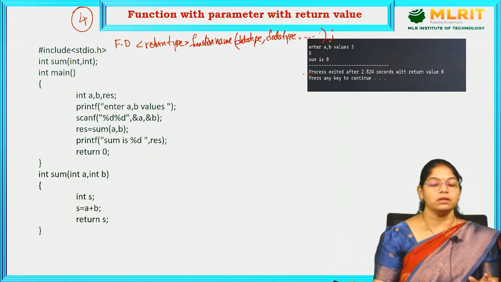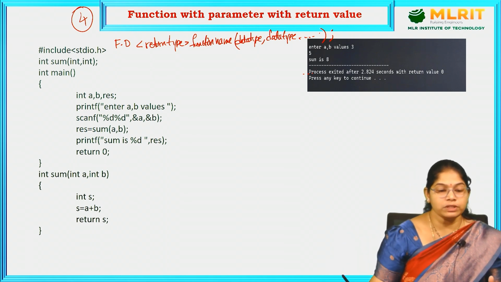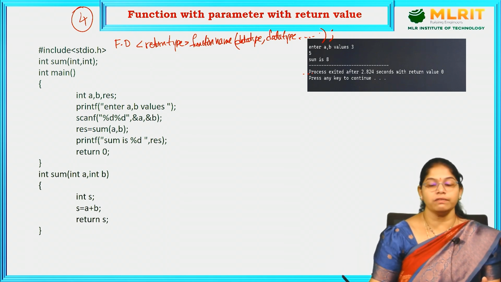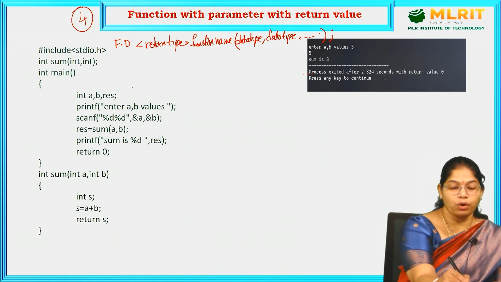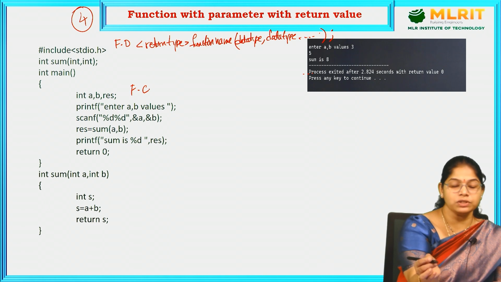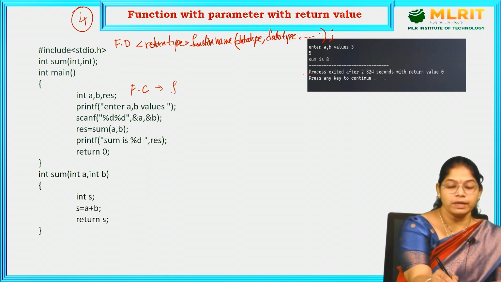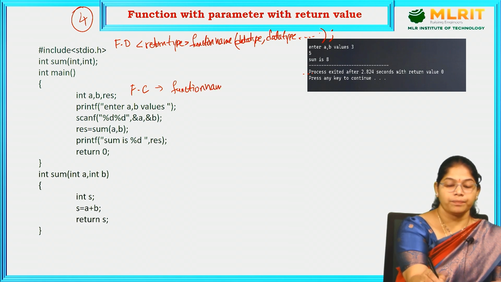This is function declaration. So, in which category are we writing this? Function with parameter with return value. Then function call syntax is simply we will mention the function name and the list of arguments or parameters.